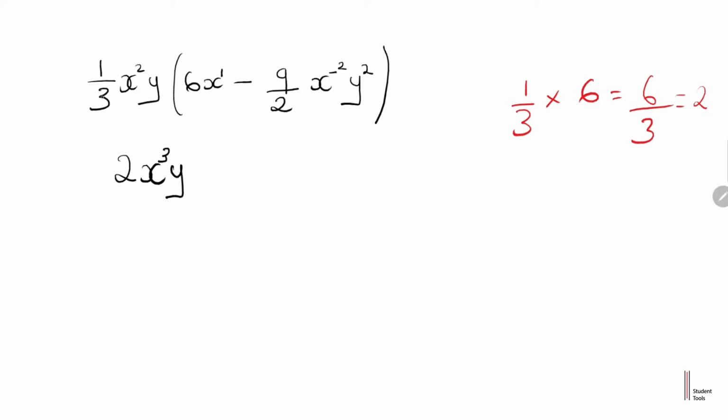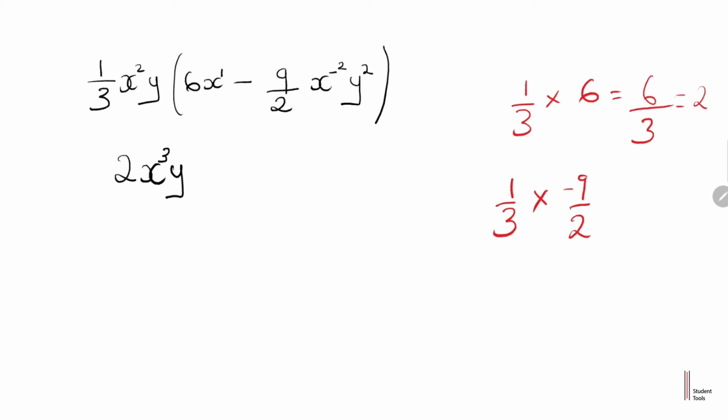Next, we have 1 over 3x squared y multiplied by 9 over 2x to the power minus 2 y squared. Again here we will first multiply the coefficients. We have 1 over 3 multiplied by minus 9 over 2, because here we have a minus.